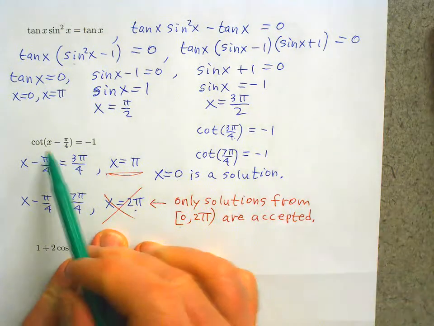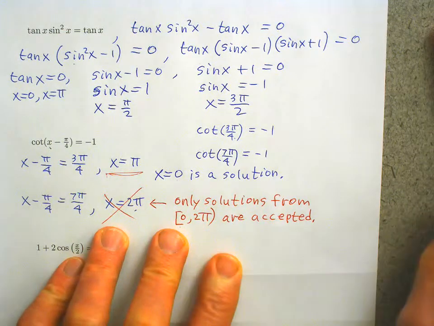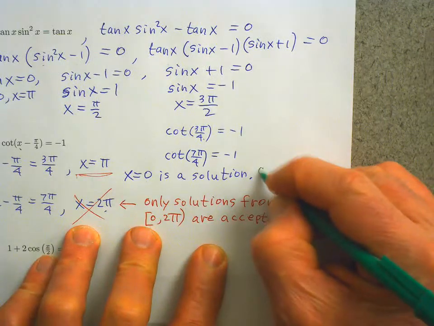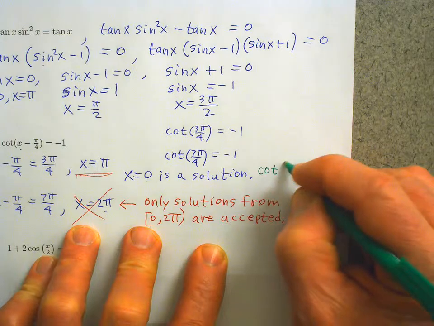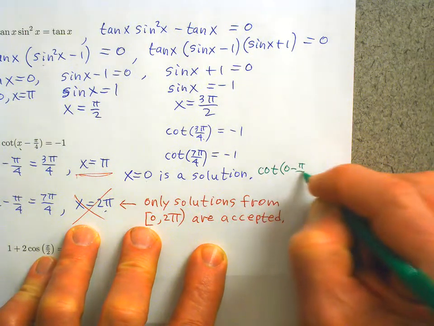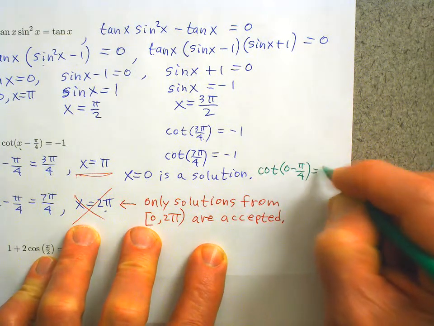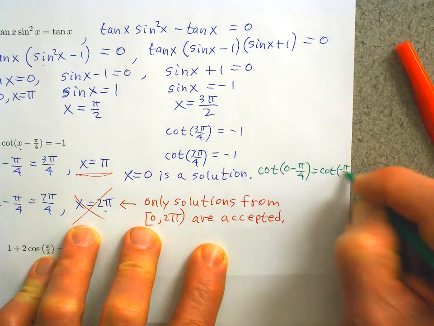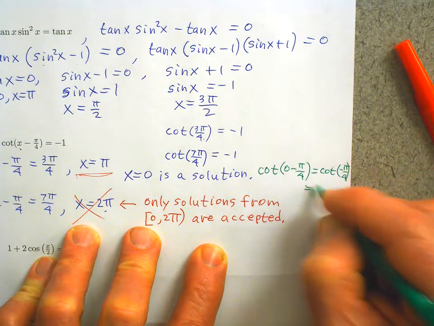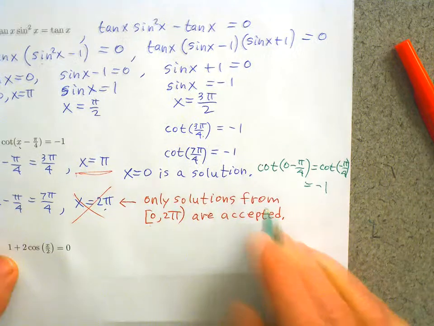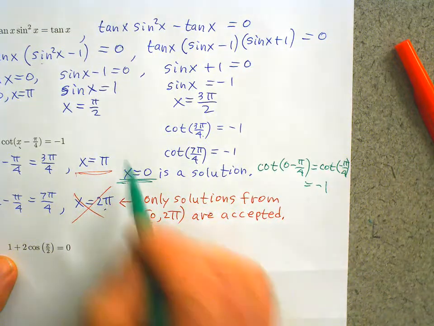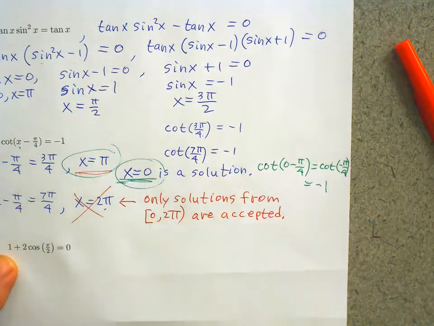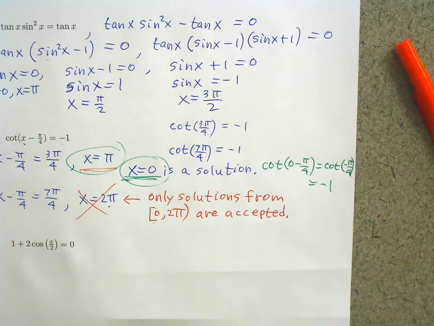Well, if you replace x with 0, the cotangent of 0 minus pi over 4 is equal to the cotangent of negative pi over 4, which is equal to negative 1. So x equals 0 and x equals pi are the two solutions.